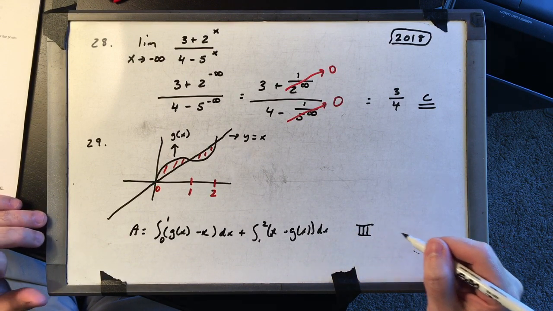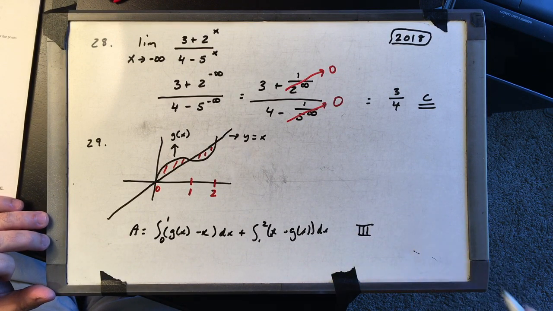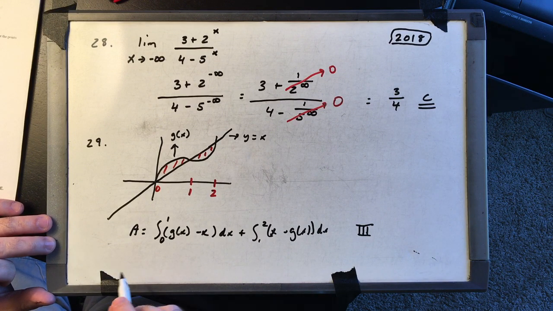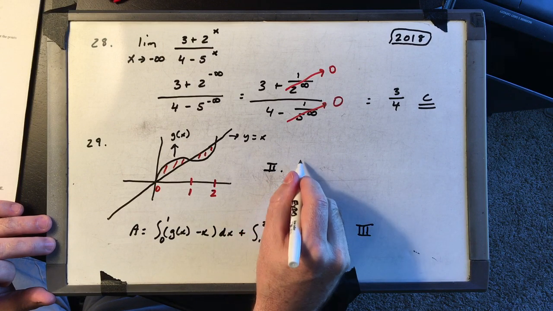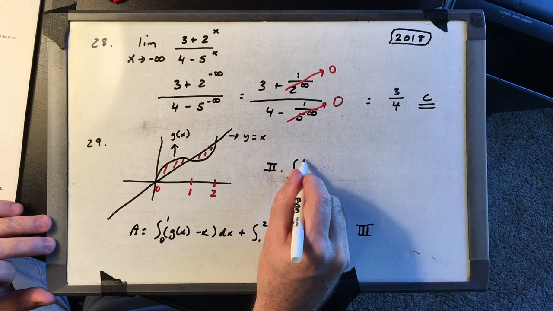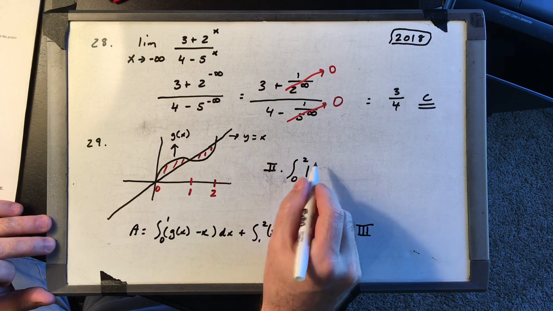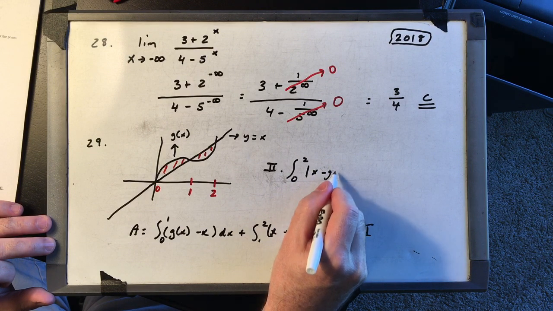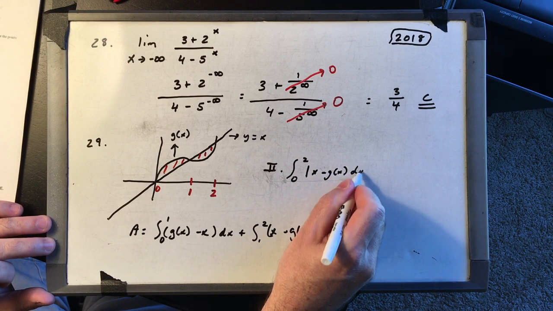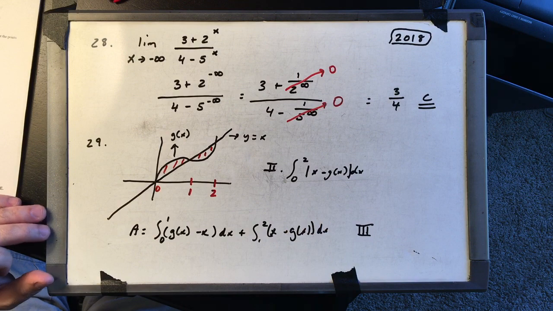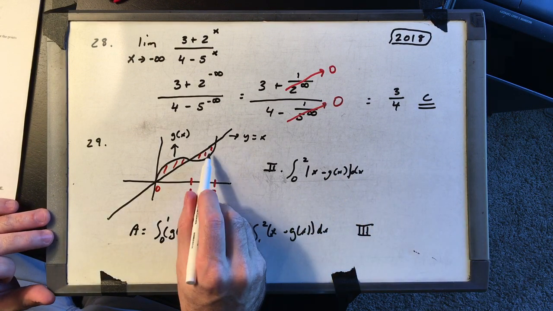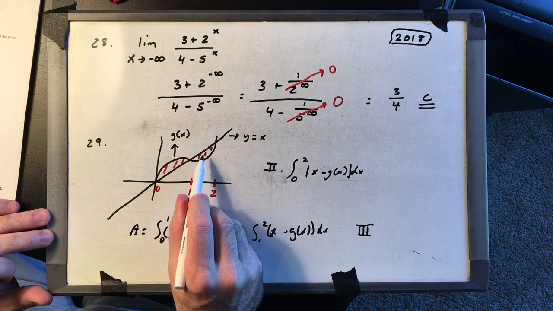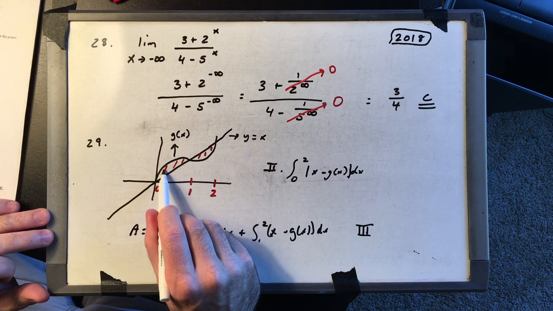And unfortunately, it'd be easy to pick B, but if you read through it, option 2 also works, because in that case, what they give you is 0 to 2 of the absolute value of x minus g of x dx. That absolute value handles the part where x minus g of x would give you a negative, right?